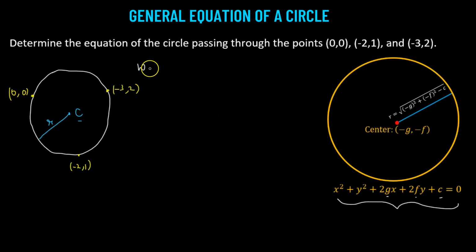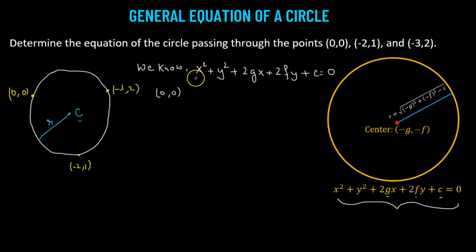So to begin with, we will use the general equation of a circle, which is given by x squared plus y squared plus 2gx plus 2fy plus c equals 0. We're using this equation because we are given the information that the circle is passing through the point (0, 0).